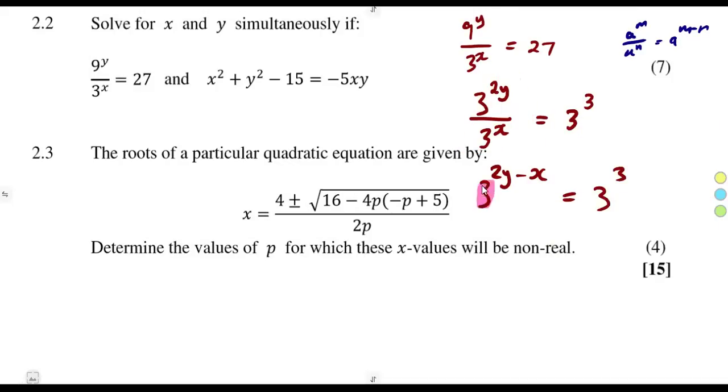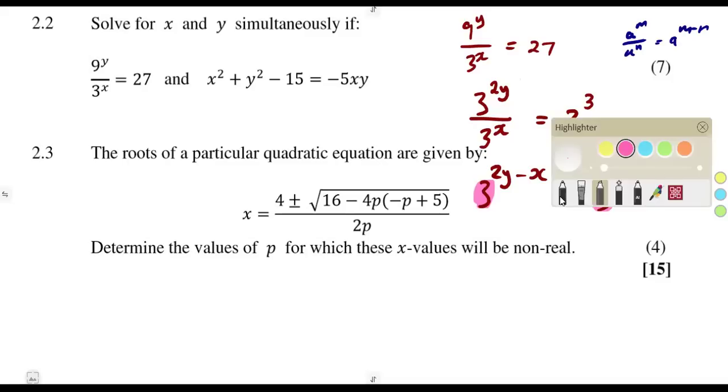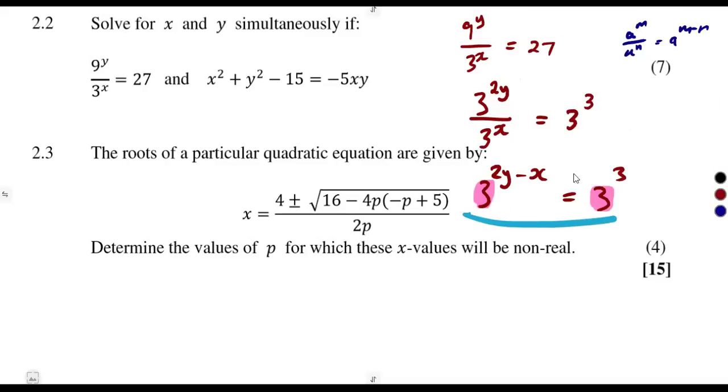Now that we've got this base and this base being the same, and we are saying these two are equal, what can we do? We equate exponents. So it simply means 2y minus x is equal to 3. That is what it means.